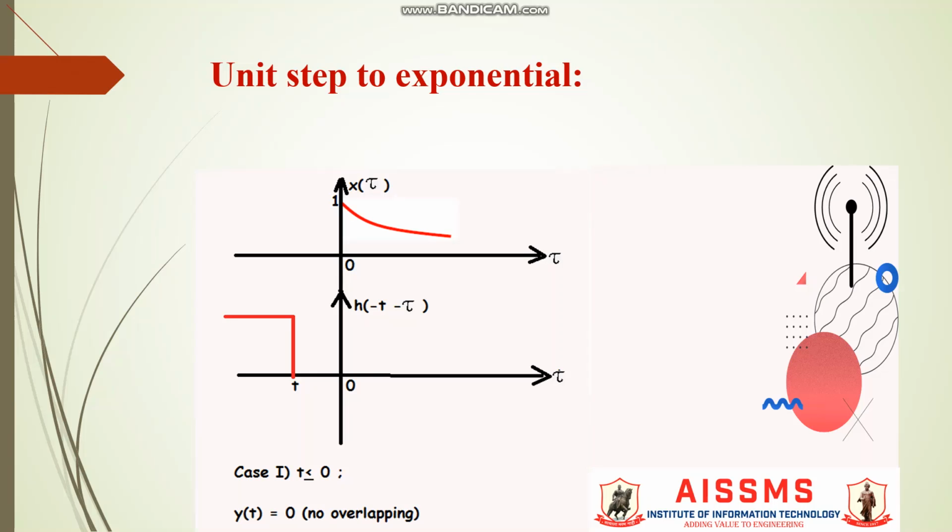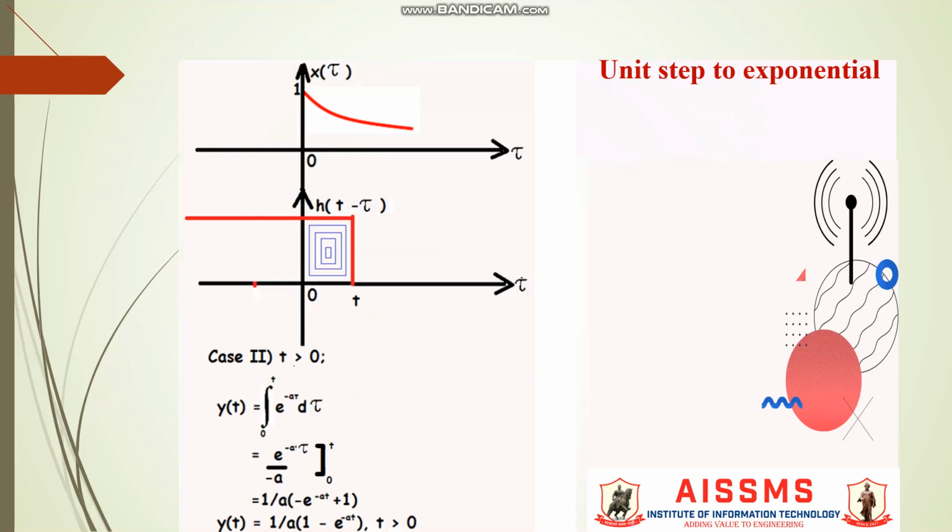Now, if we shift the signal towards the positive x-axis, we get an overlapping region between 0 to t. So y of t is integration 0 to t e raised to minus a tau d tau. The resultant integration is e raised to minus a tau upon minus a.